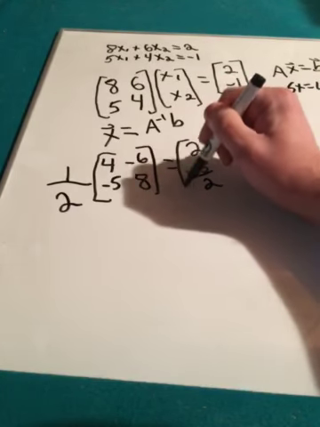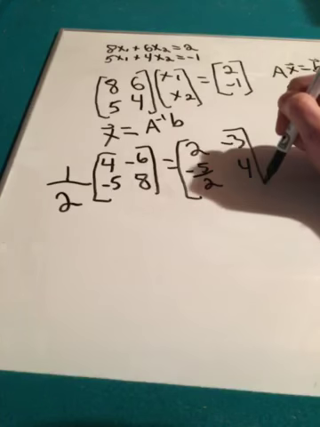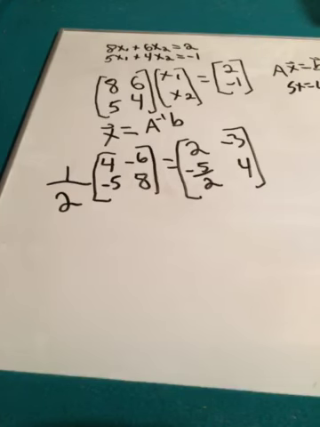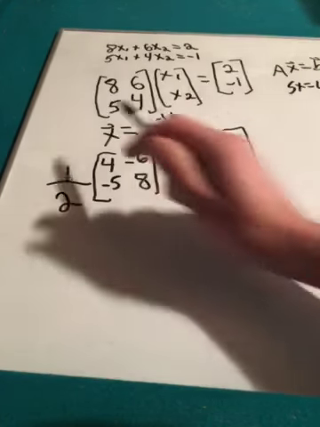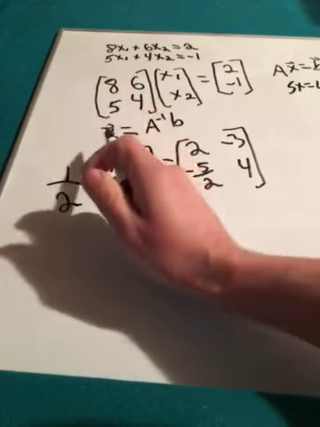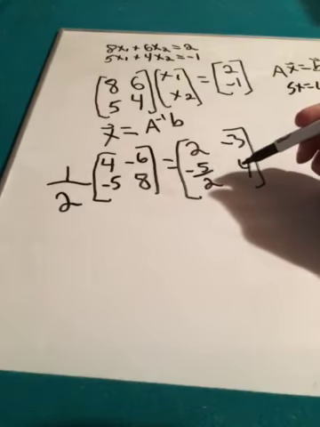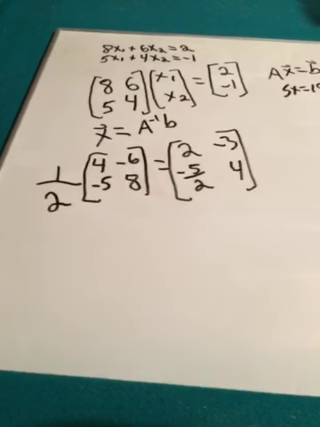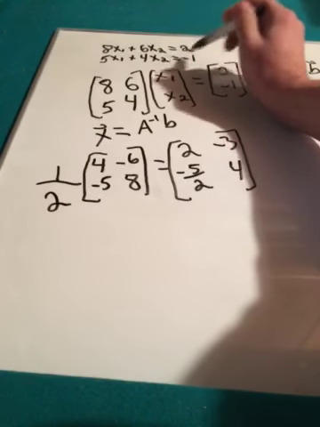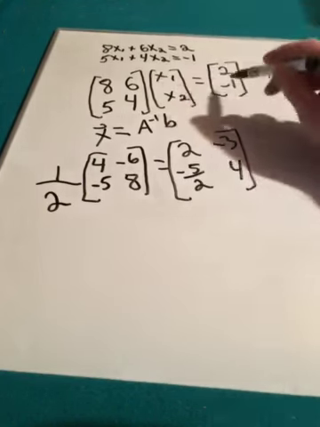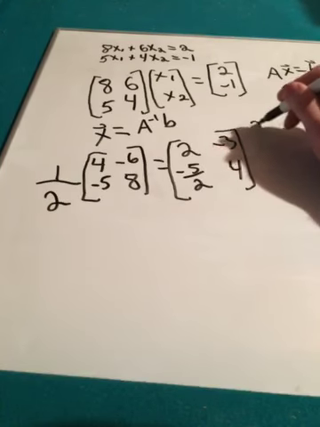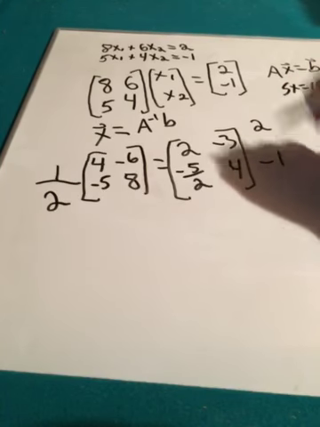Okay, so there's our matrix. We just found A inverse. Now we're trying to find our x1, x2, which is our x vector, which is equal to A inverse times B. We just found A inverse, and our B is just whatever our equations are equal to, which is the 2, minus 1 vector. So 2, minus 1.